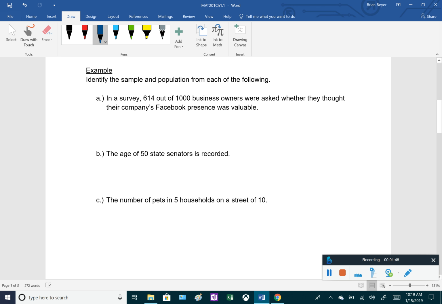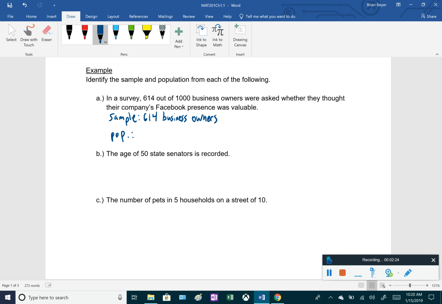So for the first one, let's say we have a survey and 614 out of 1,000 business owners were asked whether they thought their company's Facebook presence was valuable. So we want to figure out the sample, and we want to figure out the population. So the sample here, we have 614 out of 1,000 business owners. The sample is going to be the 614 business owners because it's just the portion or the part or the subset.